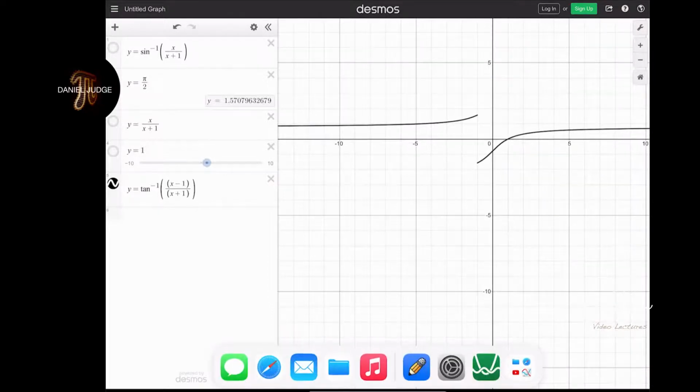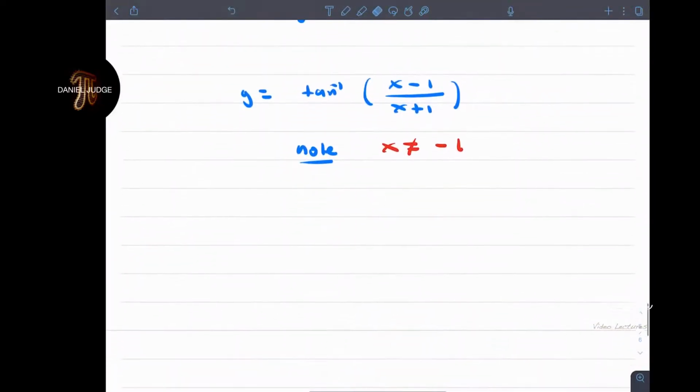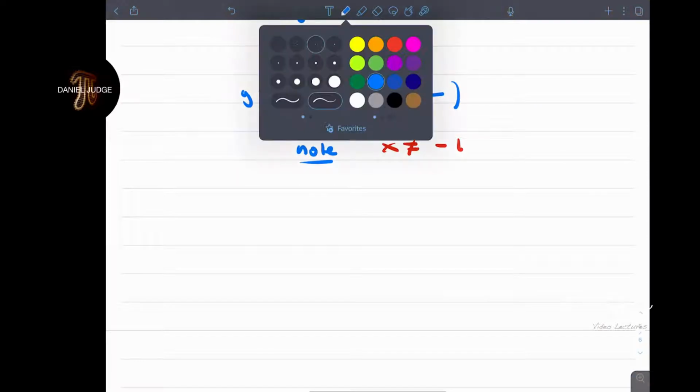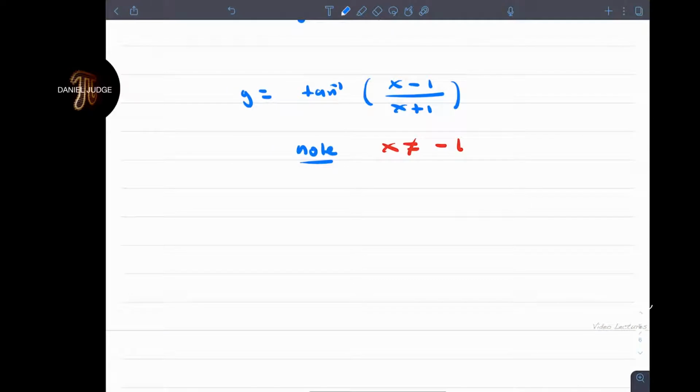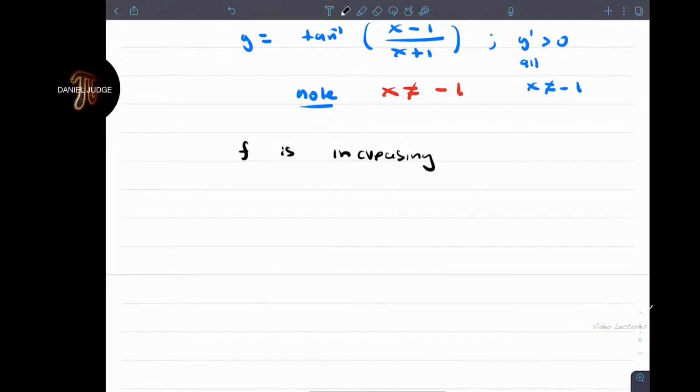Okay. So if I go back here, let's notice this. Your function, with that derivative always being positive, is increasing for all x, but x can't be negative 1. It's not in the domain. So here's our conclusion: that the function f is increasing for all real numbers x, with the exception of negative 1.